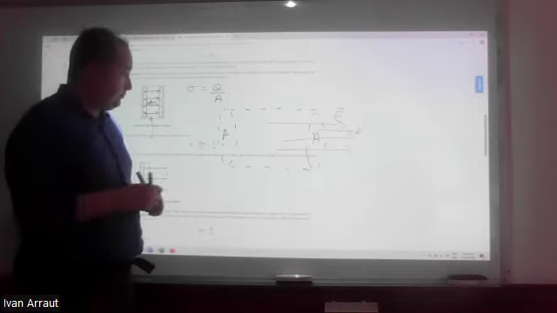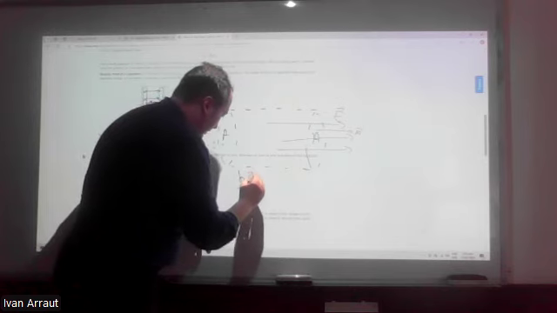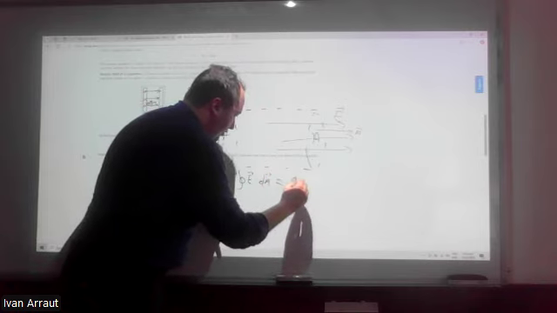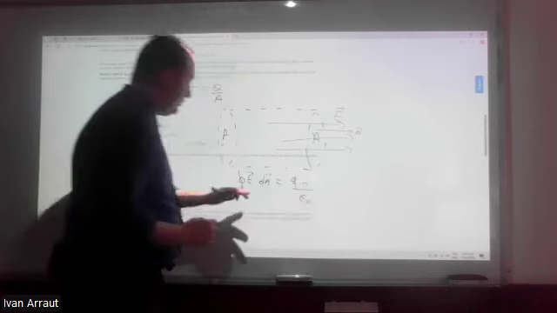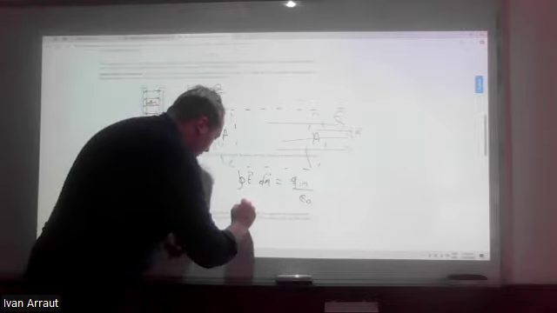Then let's apply Gauss' law. The integral of E dot dA equals the enclosed charge divided by epsilon zero. The electric field is just E, the magnitude.